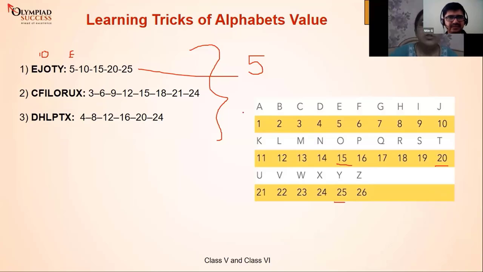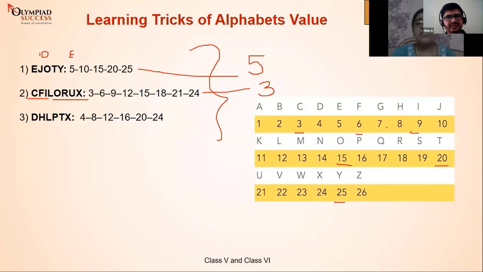Moving next, we also have a thing to remember the place value of all those alphabets which are a multiple of 3. And the method of learning it is CFILORUX. If I see CFILORUX, then starting from 3, I have C. Next, I have F, which is 6. Then I have I, which is 9.